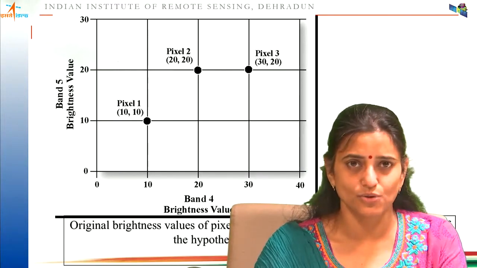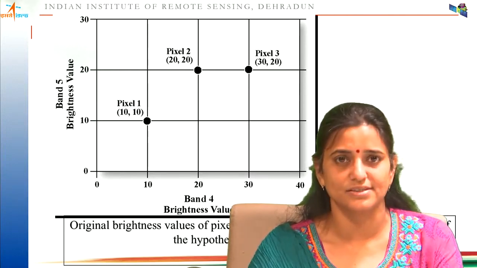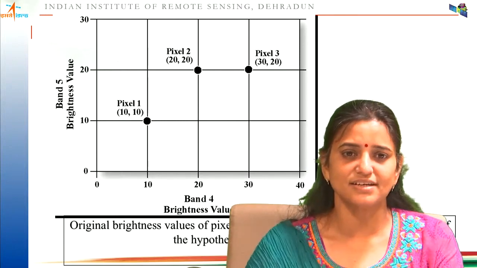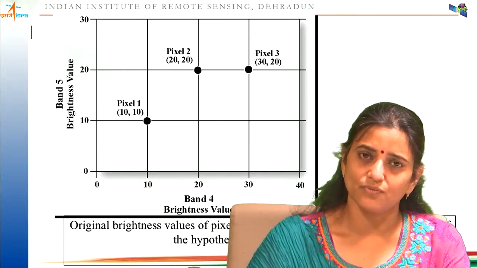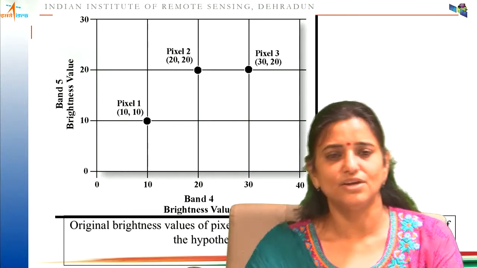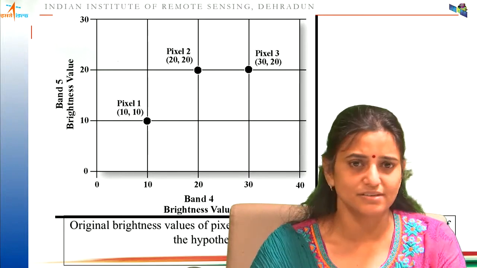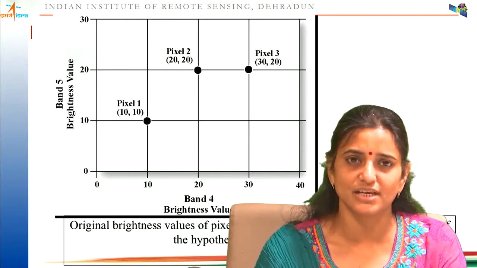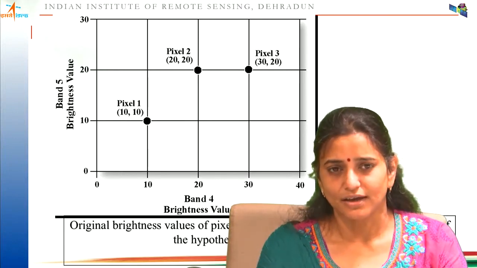At this moment there is no existing cluster, so pixel 1 will make a new cluster. Now we have cluster number 1 which has 1 pixel, which is pixel number 1. And what is the mean of this cluster? The mean of the cluster will be 10, 10 because it has only 1 pixel. Okay, so now this is done.